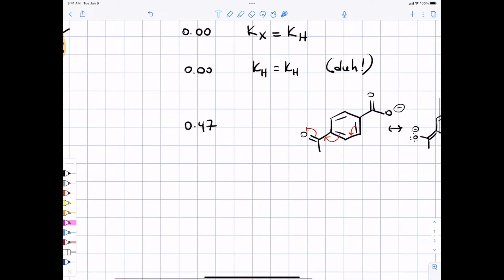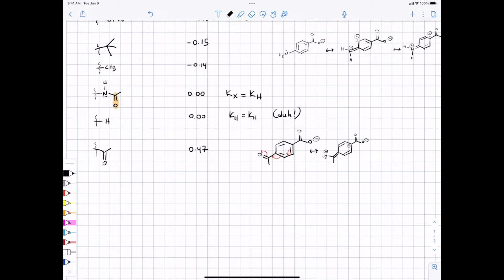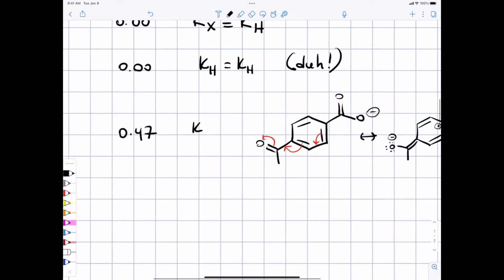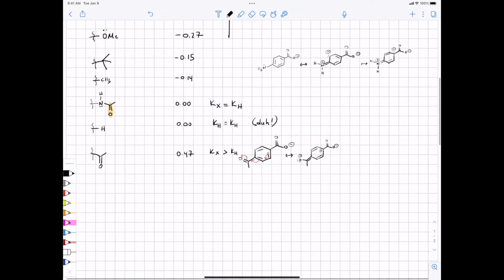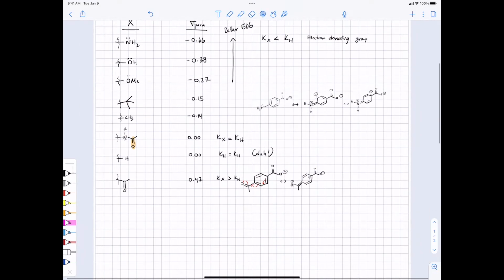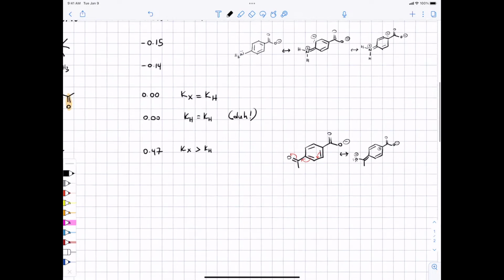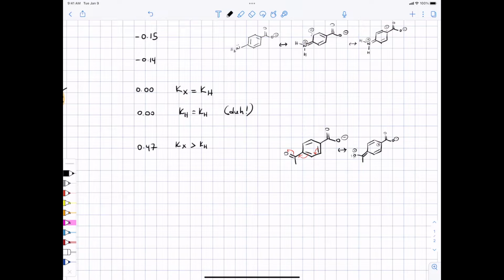Okay? So you would expect, in this case, because of that electron withdrawing effect, that Kx is now greater than Kh. And that's why our sigma para values are now positive. And from here on out, we're going to call this an electron withdrawing group.